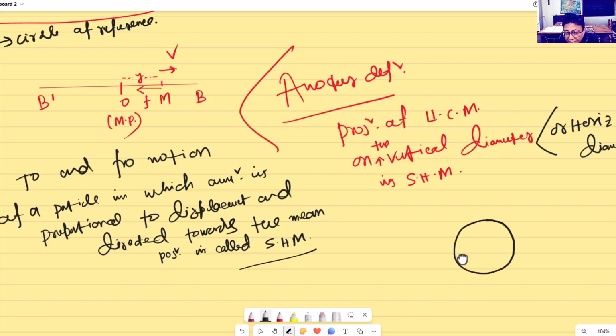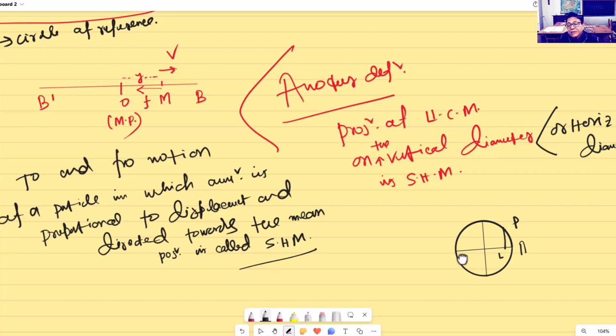If we take the circle of reference, this is called circle of reference, then this is the vertical diameter and this one is the horizontal diameter. From the particle's position, if you draw a perpendicular here, PL is the perpendicular.